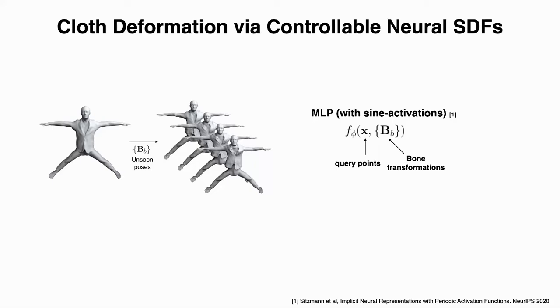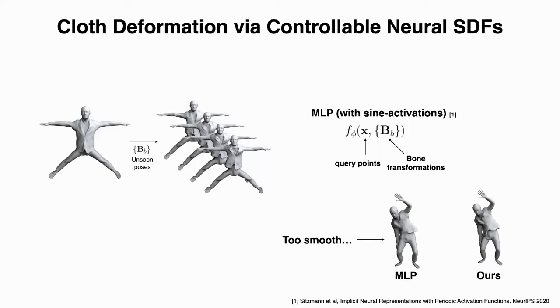Here we denote such an MLP as f and parameterize it by phi. x are the coordinate points in space and B are the bone transformations represented by poses and bone lengths. We tried many different MLPs, like plain MLP, MLP with positional encodings, and MLP with sine activations. MLP with sine activations works best. However, we still produce overly smooth results.